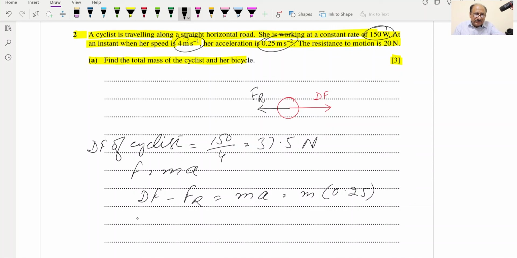So this side force is 150 by 4, this will be the driving force, and the resistive force is 20 newtons. This is mentioned in the question, so minus 20 is equal to m into 0.25, because it's opposite direction.